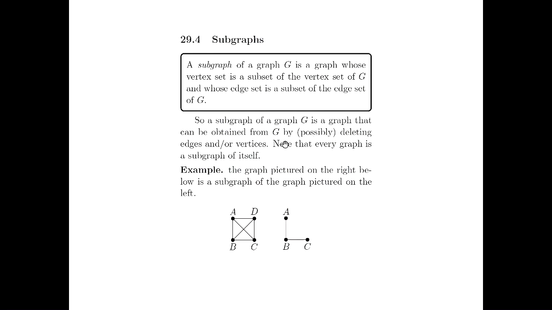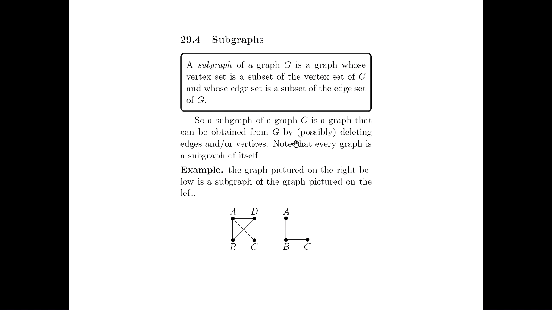So you're a subgraph of G if your vertex set is a subset of the vertex set of G and your edge set is a subset of the edge set of G. That's the formal way of saying it.